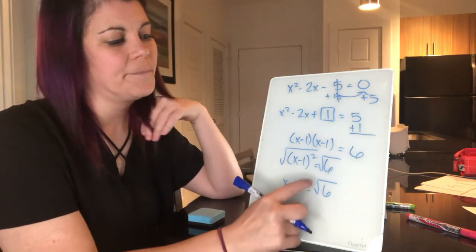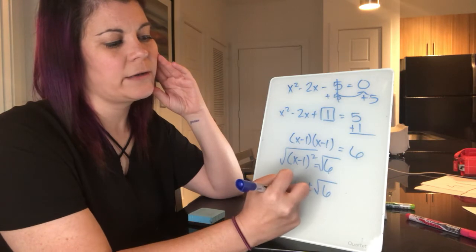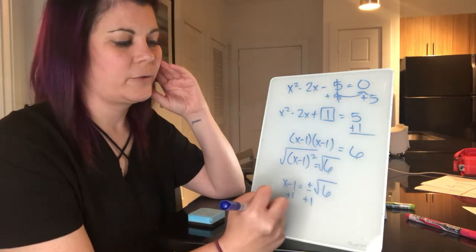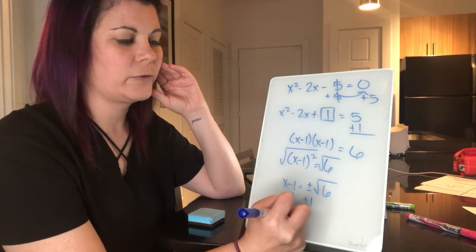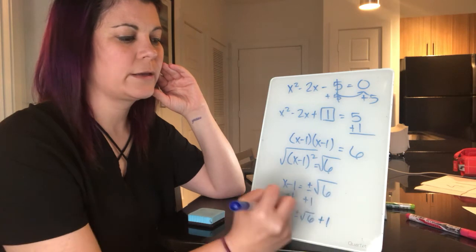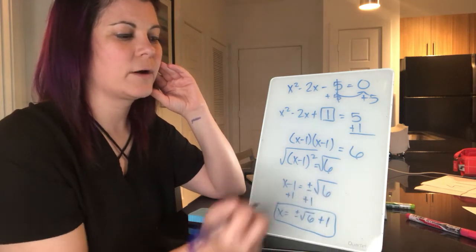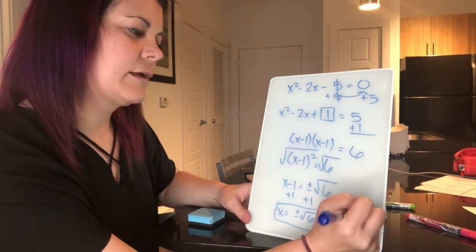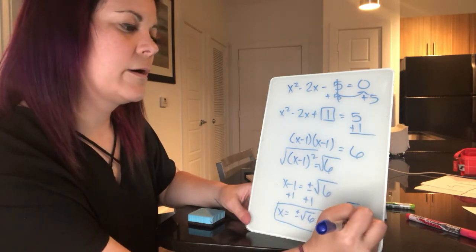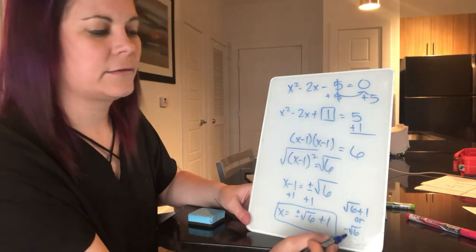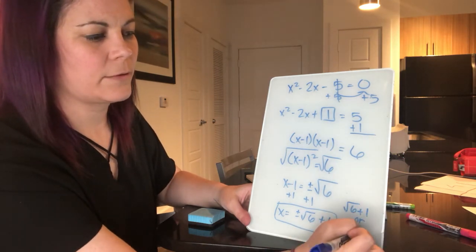So we want to write that. And then we're adding 1 to both sides, right? We're still solving. So we have x is equal to plus or minus the square root of 6, plus 1. And we can leave it in this form. If you want, you can rewrite it and write both of them, as in positive square root of 6 plus 1, or negative square root of 6 plus 1.